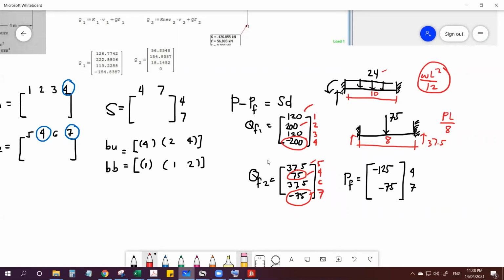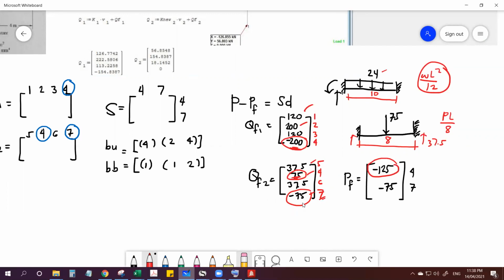Next, these QFs will be required to get the PF, P sub F. We only need the values corresponding to our S, which are 4 and 7. So we need to add the values corresponding to degree of freedom 4. Negative 200 plus 75 is negative 125.